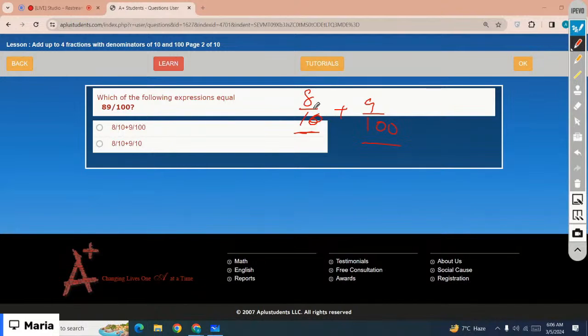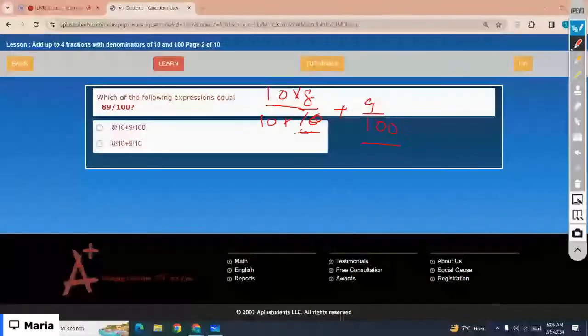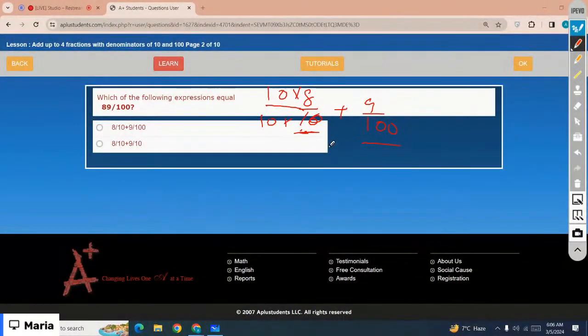You always make the smaller denominator equal to the greater one. You have to make this 10 equal to 100. We know that 10 times 10 is 100, so you have to multiply numerator and denominator both by 10. So that would be 10 times 8 is 80 and 10 times 10 is 100.